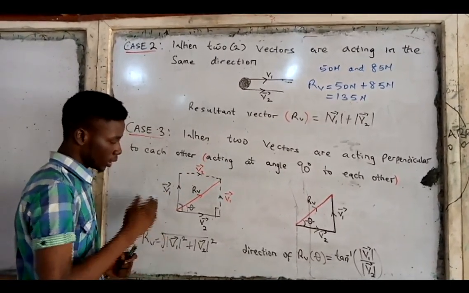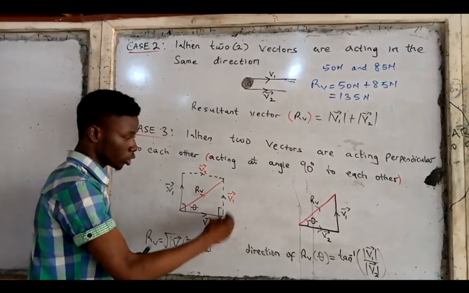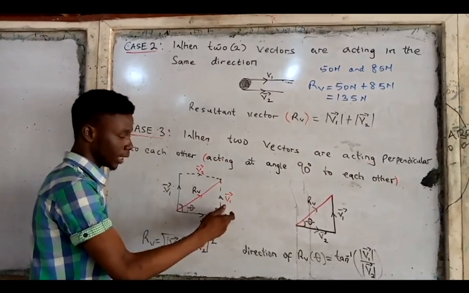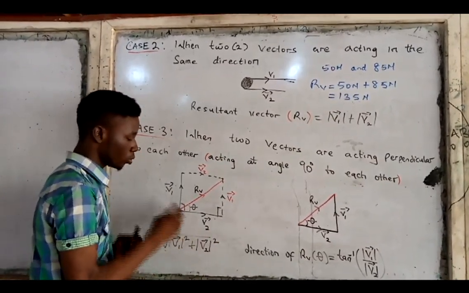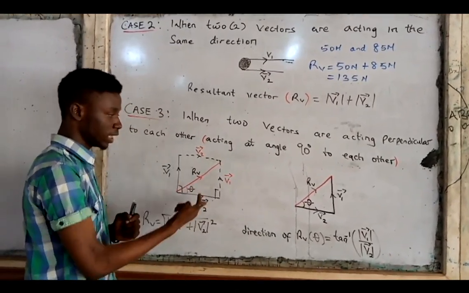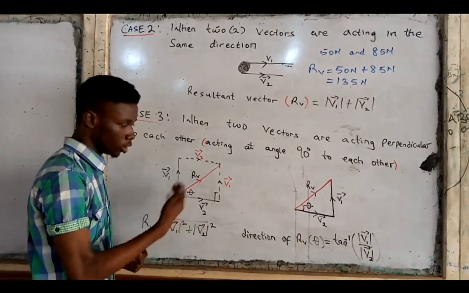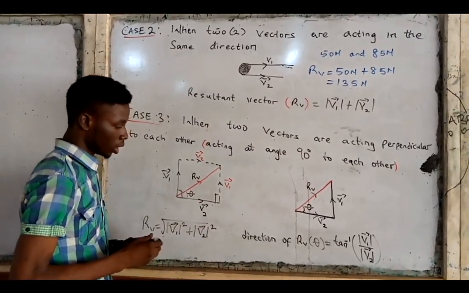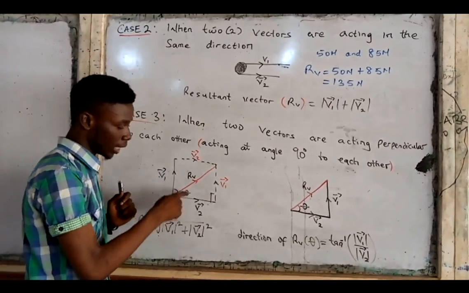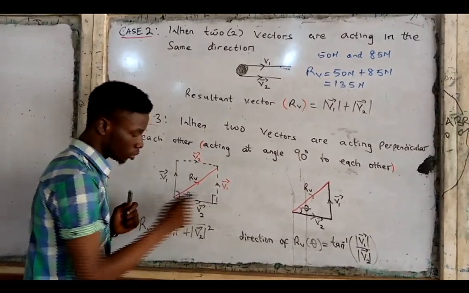Let me represent vector V1 with a parallel vector, which is also going to be the same in magnitude with V1, with this dotted line here, and also representing vector V2 with a parallel vector of the same magnitude, which is V2 here. When I'm doing this, you get to know it very soon. Now, also, the angle theta here is showing the direction of the resultant vector from V2.